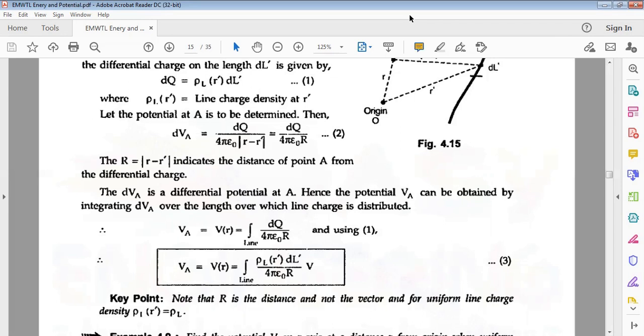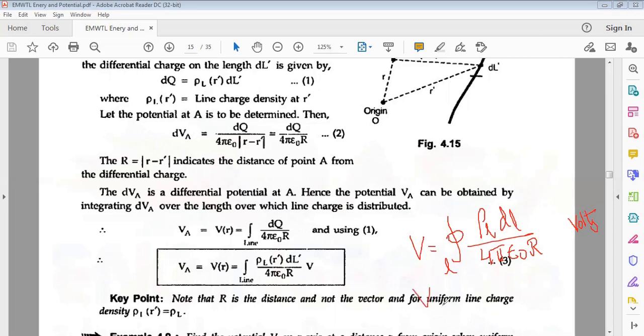Simply, V is equal to the line integral of rho L dl by 4 pi epsilon naught into R, in volts.